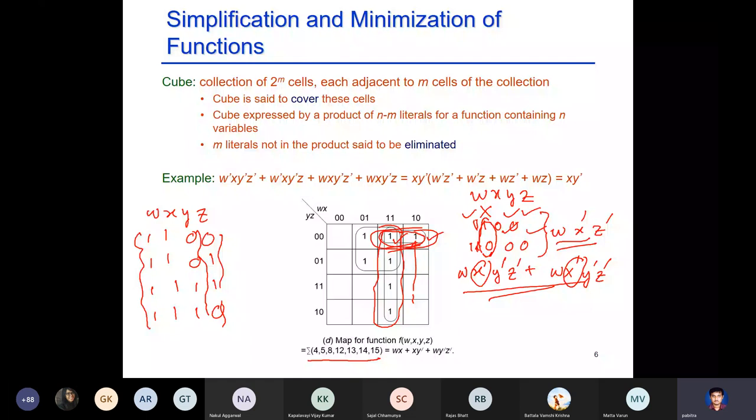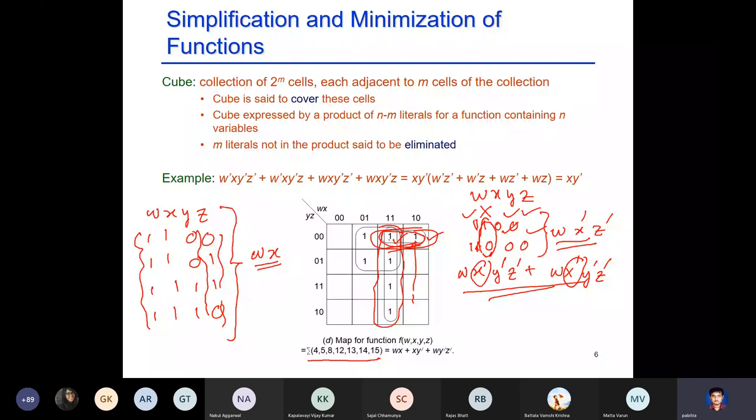And the variables which are either only in uncomplemented form or only in complemented form throughout the cube, those you keep, those you don't eliminate. So here you see W and X are only in uncomplemented form, they are 1, 1 throughout. So we will not eliminate them. Whereas Y and Z are in both complemented and uncomplemented form. So I can eliminate these two.